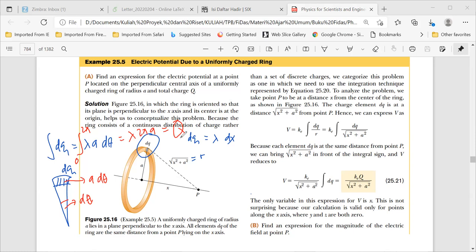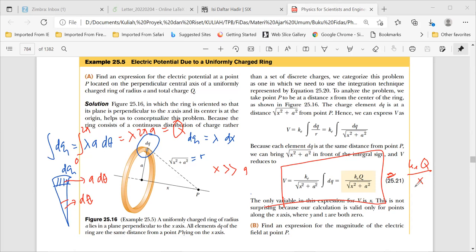So for the uniform ring, the potential at point P has the form in the red box. You see that if x is much greater than a, this simplifies to ke Q over x.